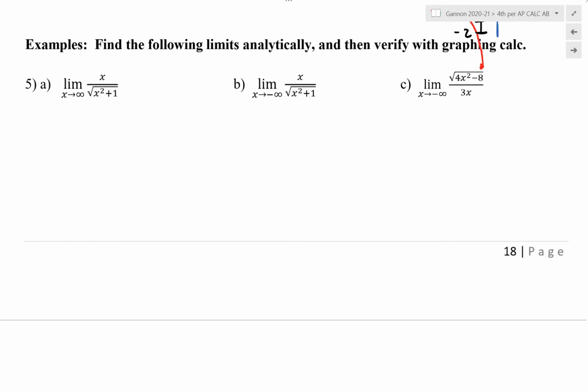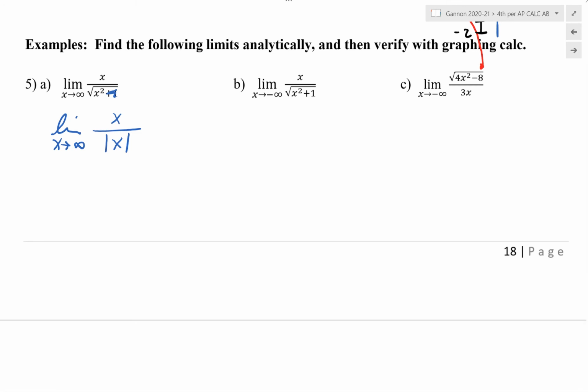All right, so from a limit standpoint, as x becomes a very, very large quantity such as infinity, we can think of this expression as the limit as x approaches infinity of x over the absolute value of x, where in a way we're ignoring the plus 1 and just evaluating the square root of x squared.